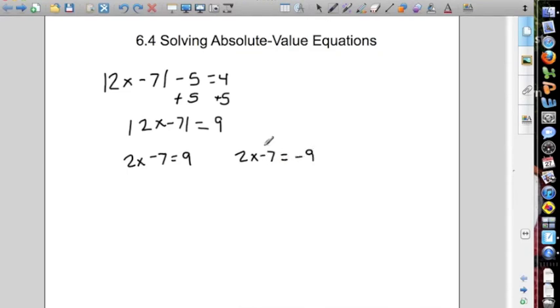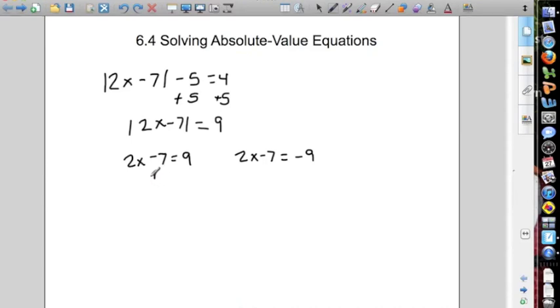If either one of those situations happened, we'd be okay. We'd have that answer of 9. If the 2x minus 7 equals 9, then the absolute value of 9 is 9. If the 2x minus 7 equals negative 9, well, then the absolute value of negative 9 also equals 9. And so we want to look at both situations happening.